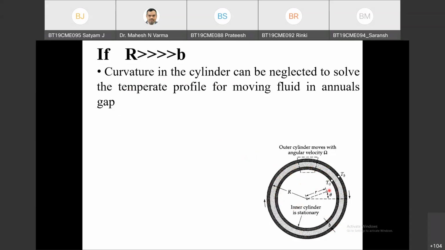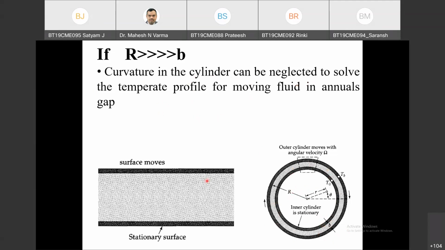Instead of taking a cylindrical coordinate system, we can neglect this curvature in the theta direction, because B is very small compared to R, or R is very large compared to B. So curvature of the cylinder can be neglected to solve the temperature profile for the moving fluid in the annular gap. Instead of this, I will assume a stationary surface and a moving upper surface.